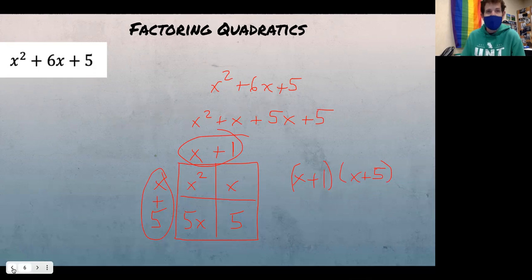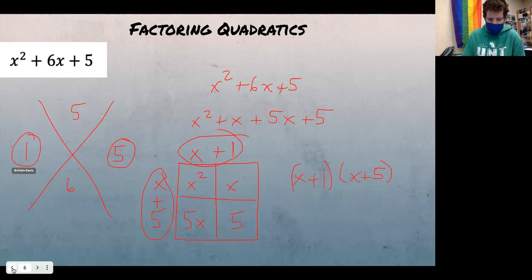All right, and the shortcut that was mentioned before looks like this. When you do your big X and you have your a times c up top and your b at the bottom, and you come up with the right factors, 1 and 5, notice that we had 1 and 5 as our factors, and we end up with x plus 1, x plus 5.